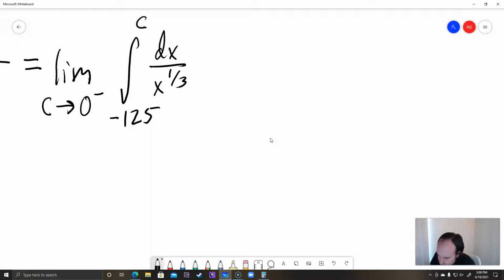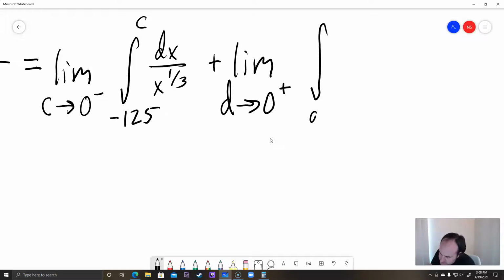So for the other one we have plus the limit as d approaches 0 from the right of the integral from d to 27 of dx over x to the 1/3.